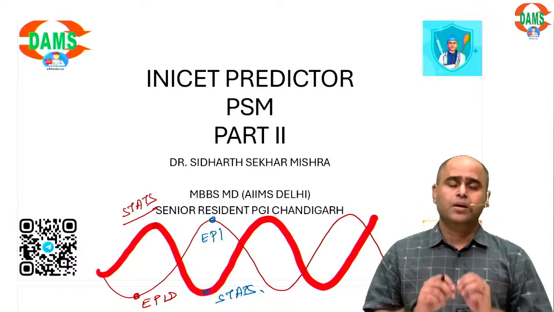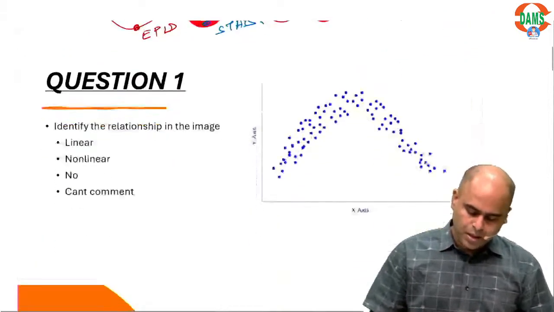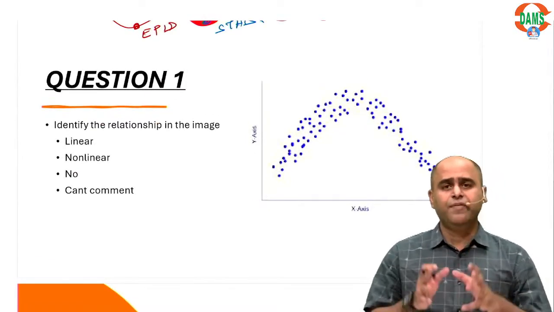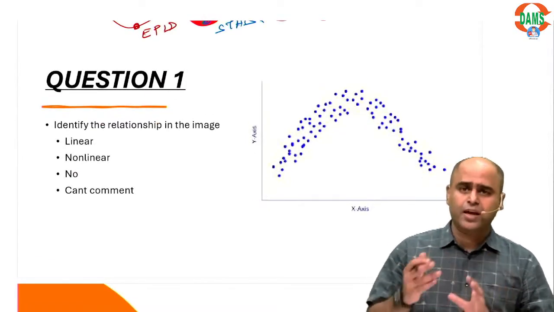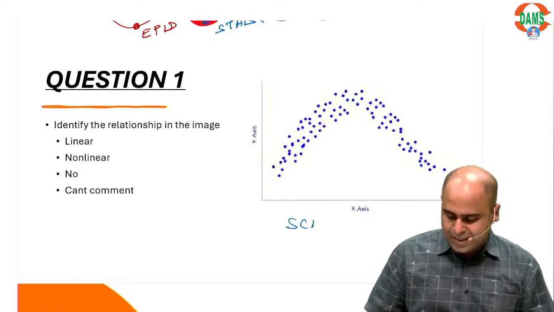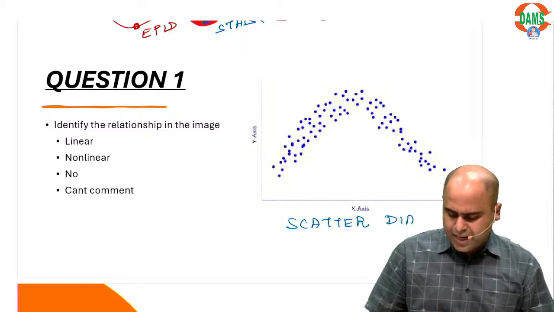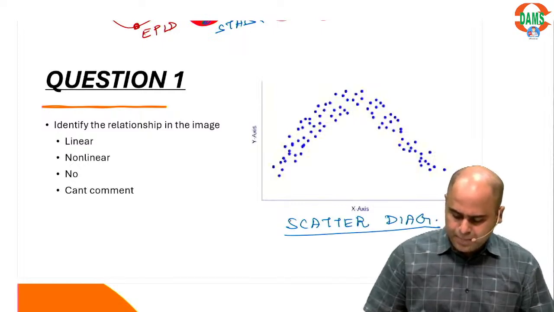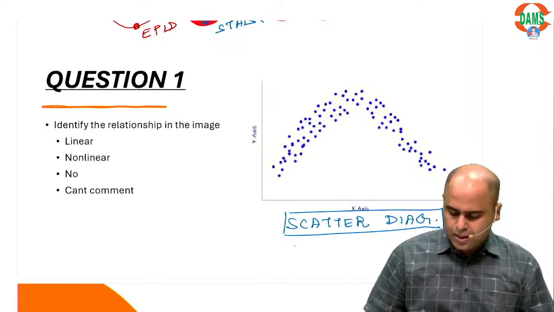Now question 1, identify the relationship in the image. This image is a scatter diagram. A scatter diagram typically tells you about relationship.